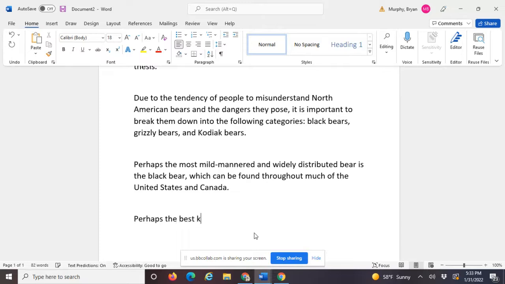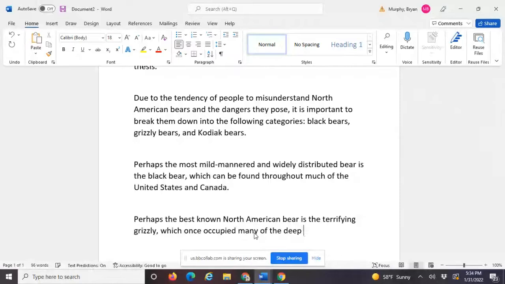Perhaps best known North American bear is the terrifying grizzly, which once occupied many of the old growth forests in the United States.